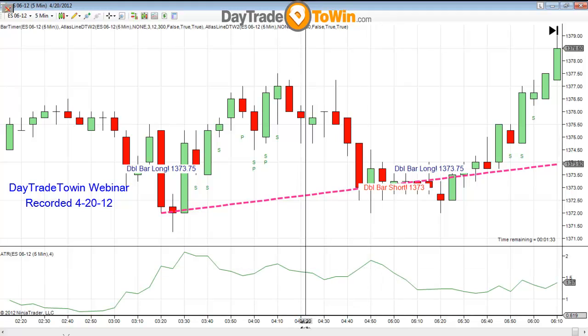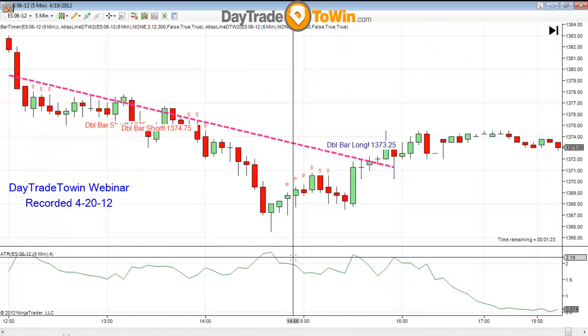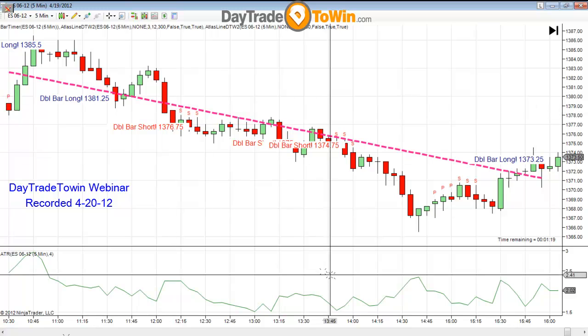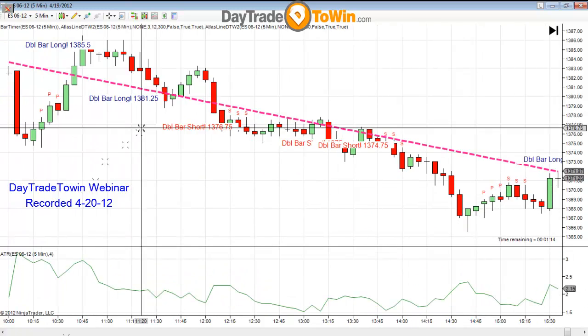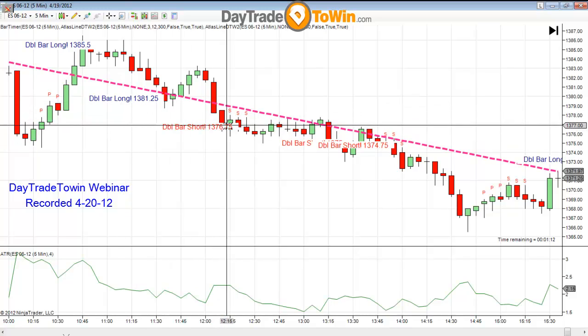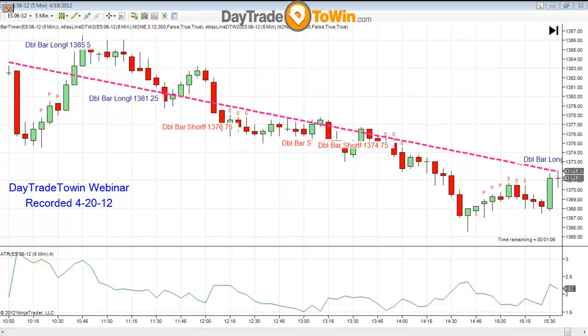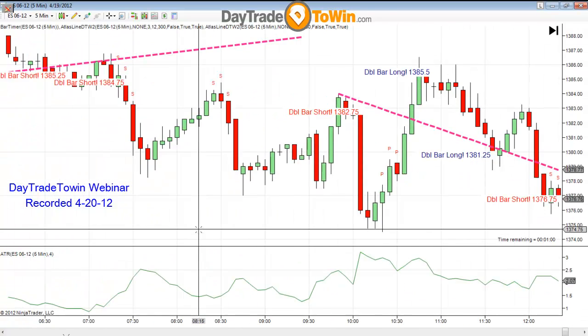So as soon as the coder sends me the final version, I will send everyone an update for the Atlas line code, which will have now the pullback and strength trades to go long or short after the initial double bar long or double bar short. If it continues, we're going to get in again. So give it about a week or so, and I will send everyone who has the Atlas line a free update. All right.